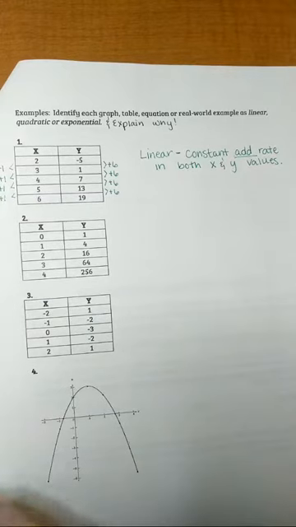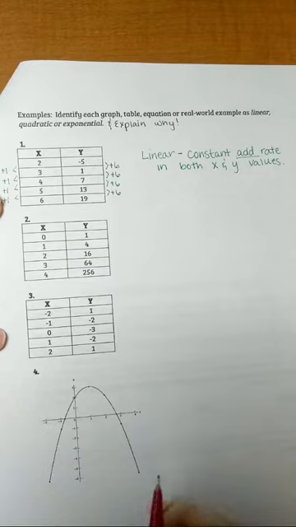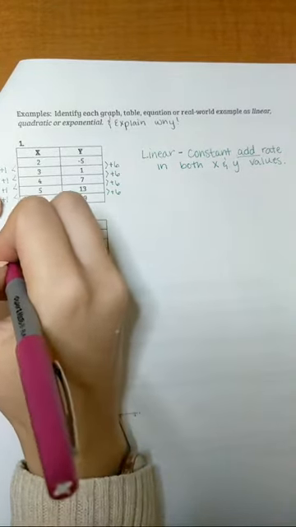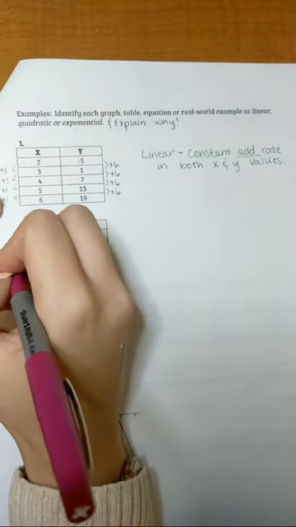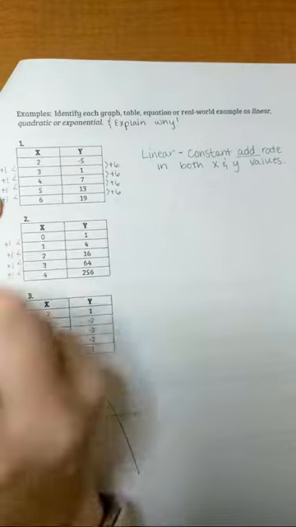So if I look at my x values for number 2, because again, let's start by checking if they are linear. So I added 1, and I add 1, I add 1, and I add 1.